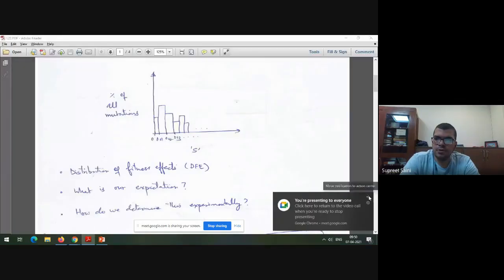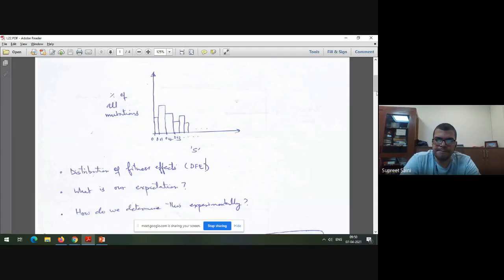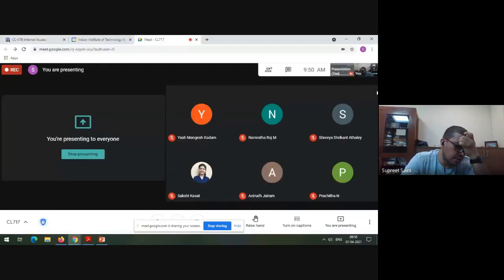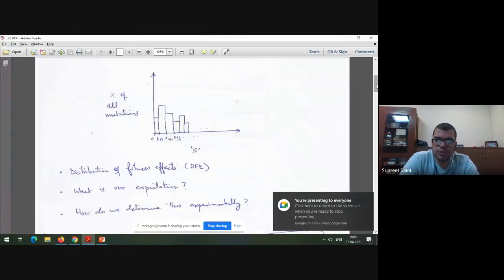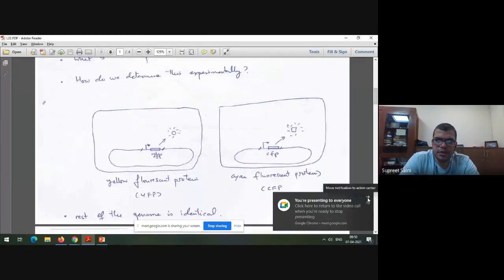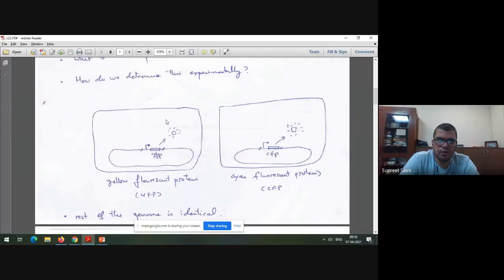So what is the approach that they use? How do they find the DFE? They use fluorescent proteins. They make two populations of E. coli, and the genetic constructs can be thought of as follows. In one variant, there is a promoter, and this is the rest of the genome.